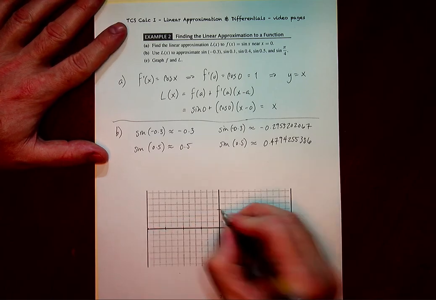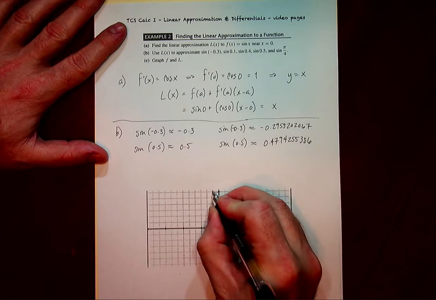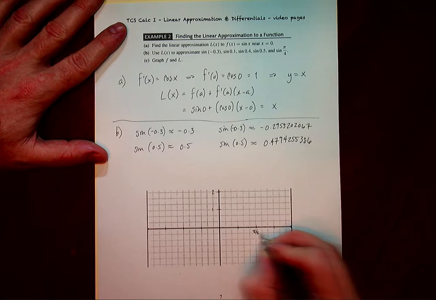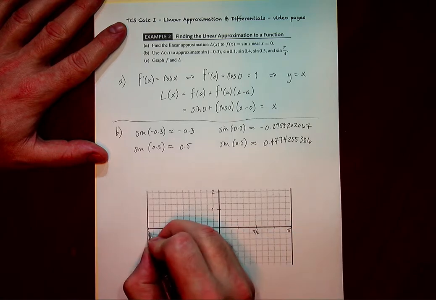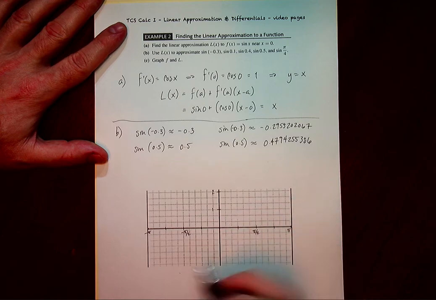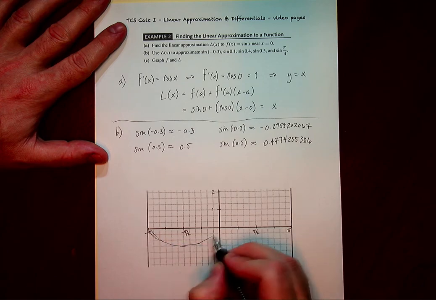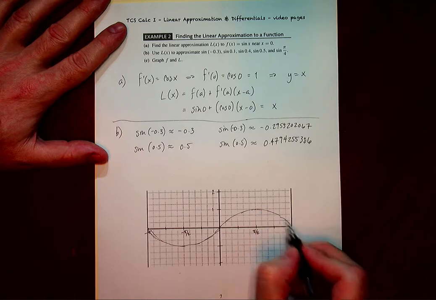And let's do, how about 1 and 2, and this is pi over 2, and this is pi, and this is negative pi over 2, and this is negative pi. And so what we get here is something that looks like this for the sine graph.